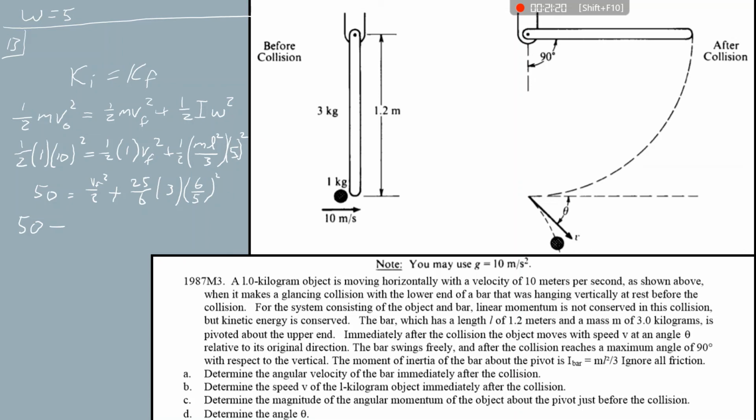We just erase square and then we divide by 6 and 5 from 25 over 6.